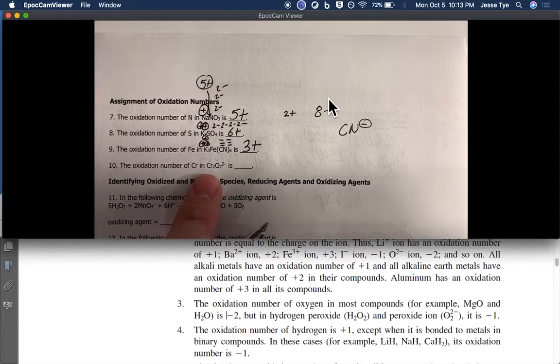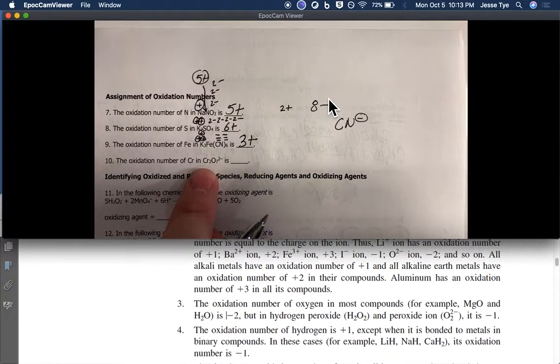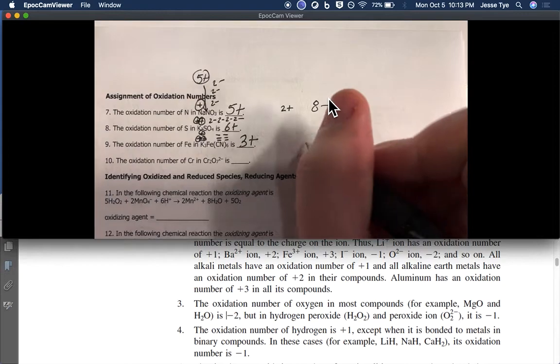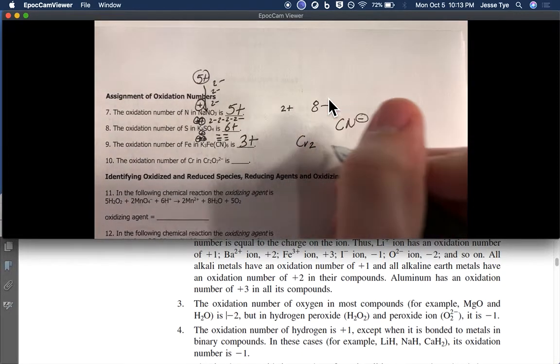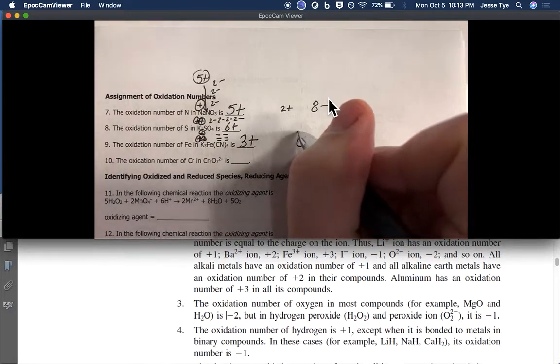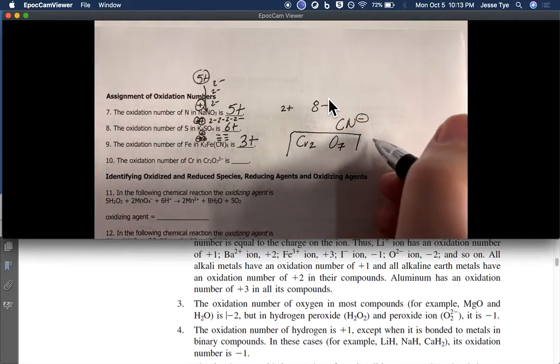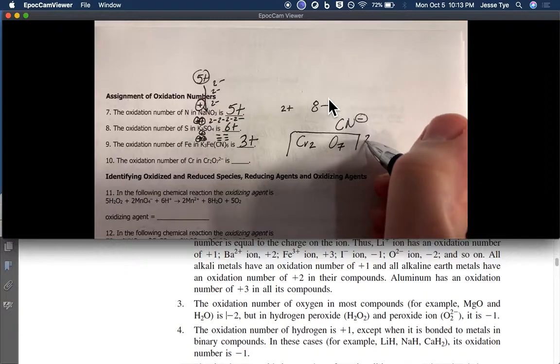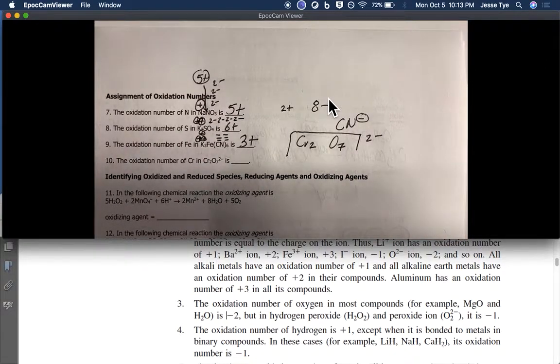And then this one is probably the most complicated. Cr2O7, and this whole group has to have a 2 minus charge when we're done.